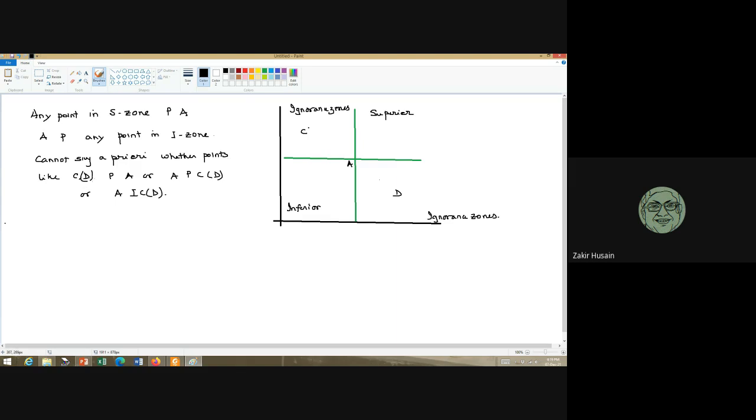They can be anything depending on exactly their position. So this is what the axiom of greed says.